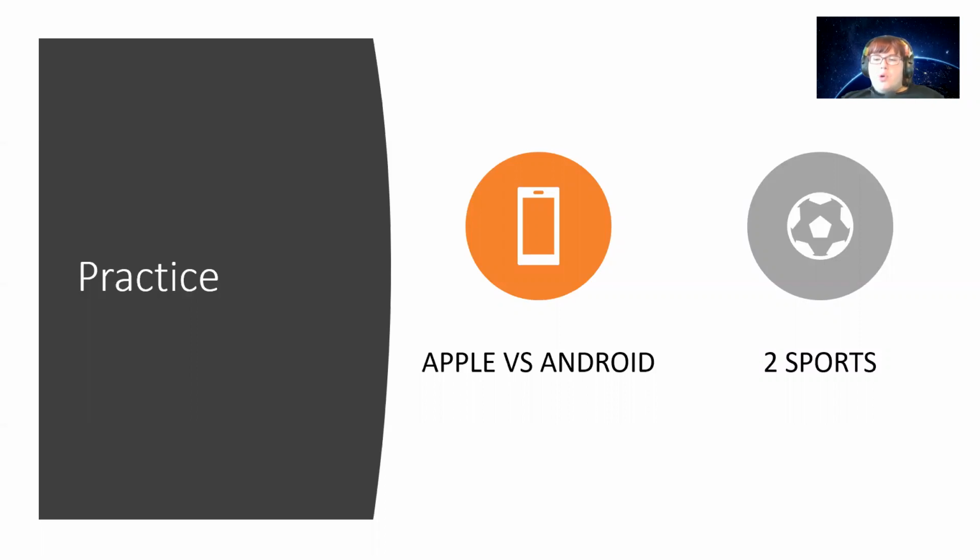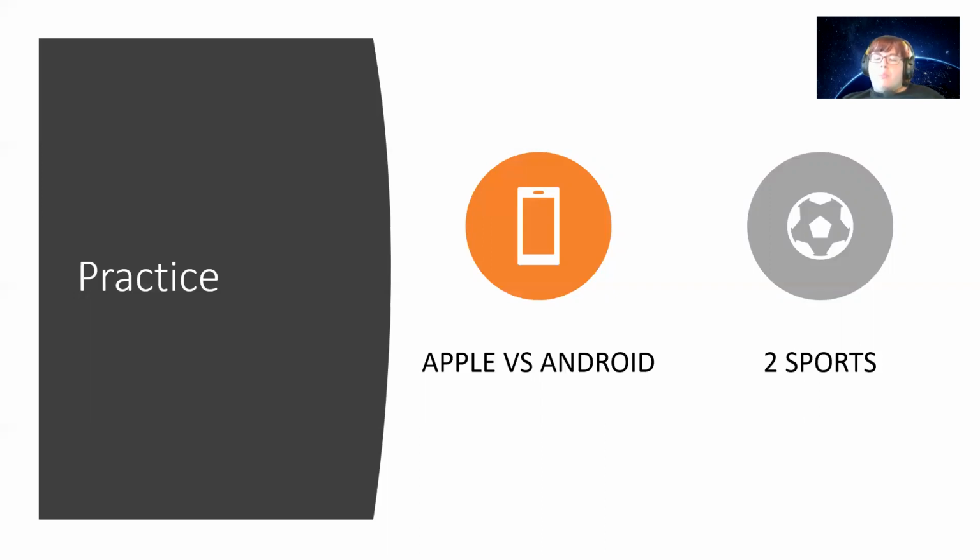The same thing with two sports. If we wanted to compare baseball and football to one another, we could say everything about baseball and then everything about football, and then a paragraph showing where they're similar to each other. Or we could say point by point, that baseball and football are similar or different in their equipment needs, in the way the game is played, in how many people are on a team.